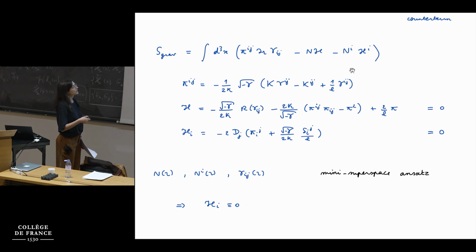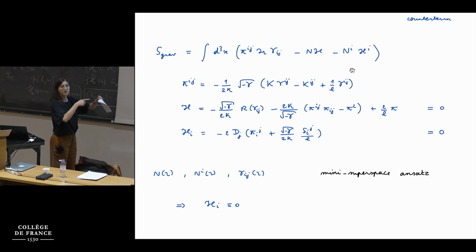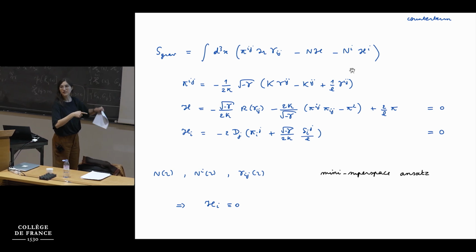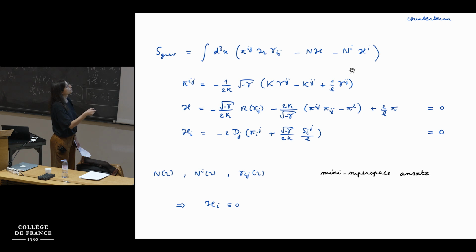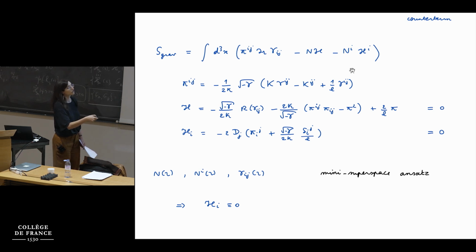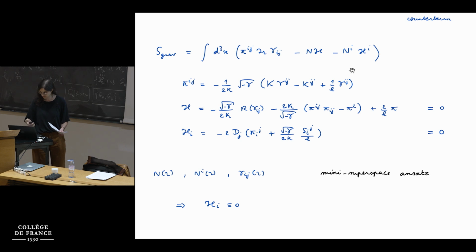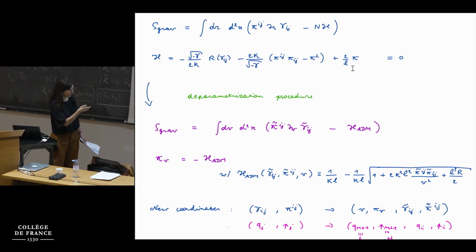And if you do that, then your sigma slices will not intersect, and your momentum constraint will be automatically satisfied. So if that one is automatically satisfied, what we're left with in this parametrized action is just this part. So I'm going to copy this on the next slide, and also the H. Right. So this is our system.